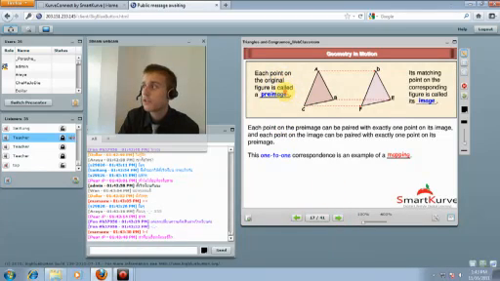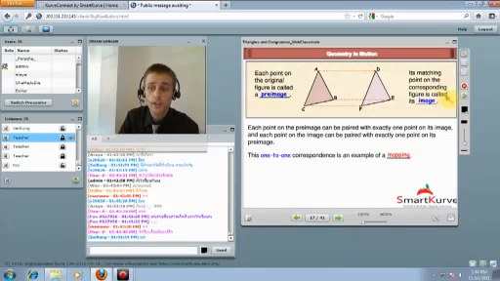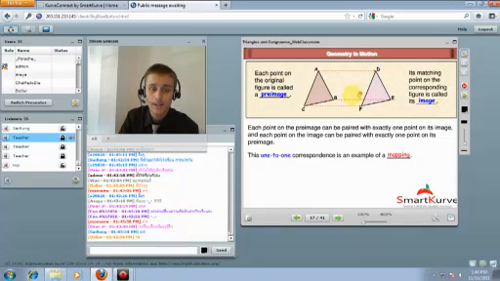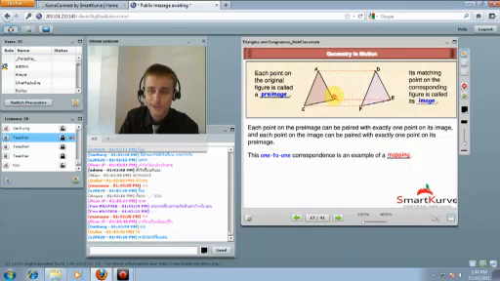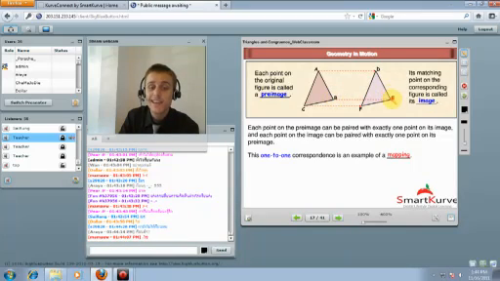Each point on the original figure is called a pre-image. So on this triangle ABC, A is the pre-image. Its matching point on the corresponding figure is called its image. So A is the pre-image, D is the image. B is the pre-image, E is the image, C is the pre-image, F is the image.